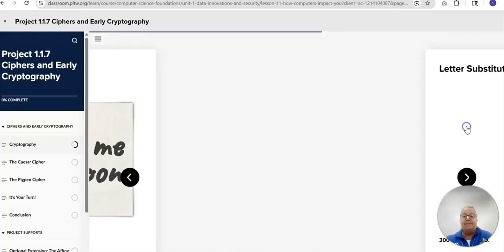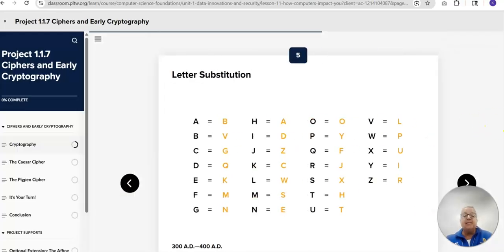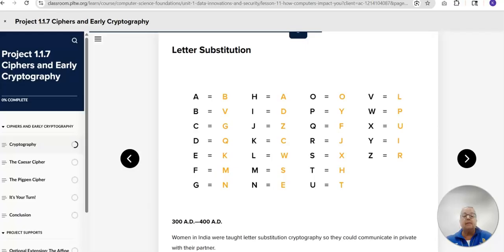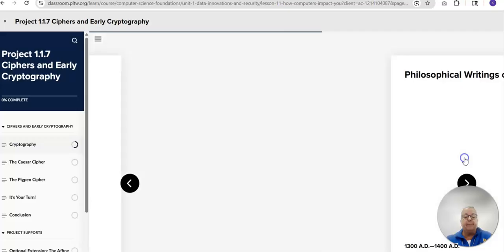Pretty tricky. This is the letter substitution. And they had like scrambled the whole alphabet up in different letters, and then they would write it with this code, and then when they would bring it back, somebody would decipher it using this key.